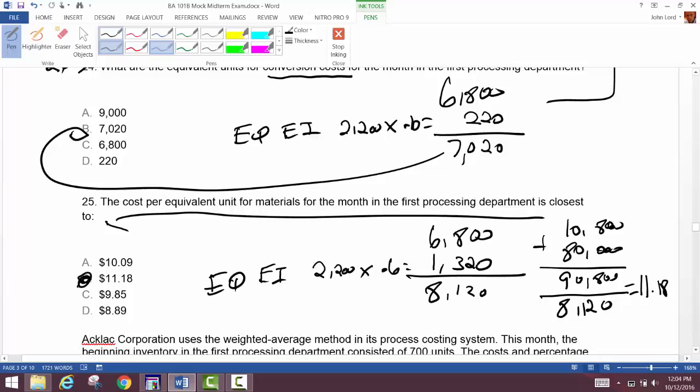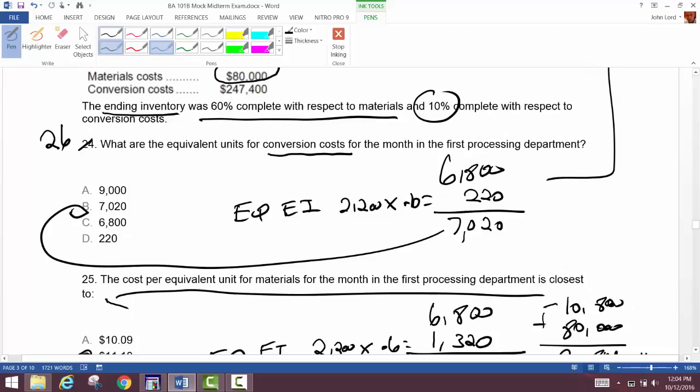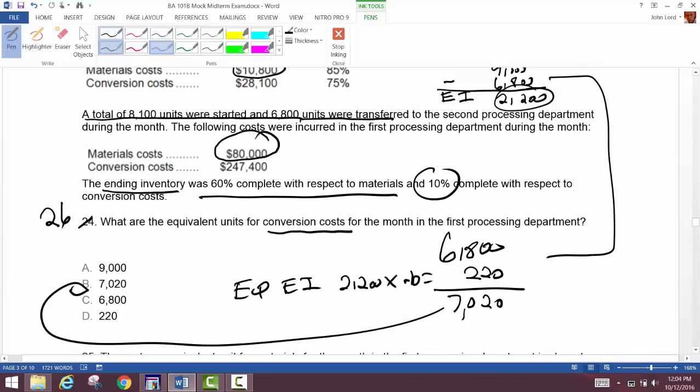Okay. So for these two questions, the hard part was dealing with how they made us back into the ending inventory, right? Question? 10,800 was the cost in the beginning inventory. 80,000 was the cost that we added for the period, right?